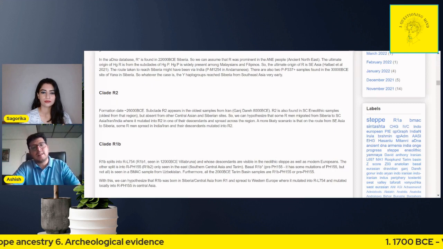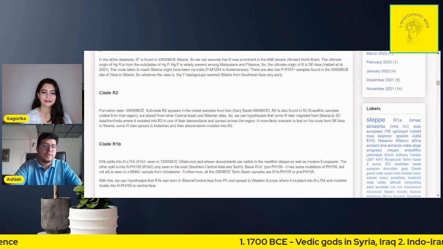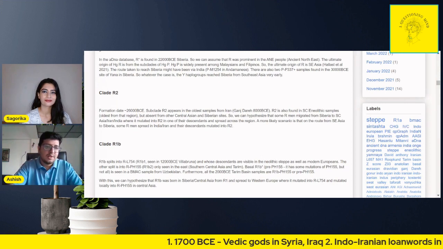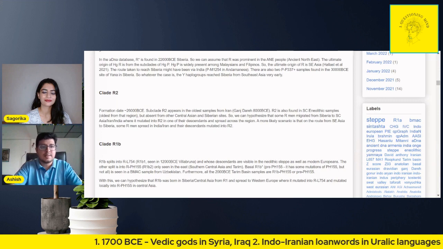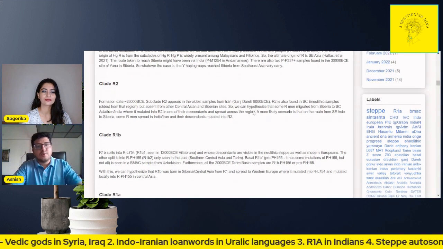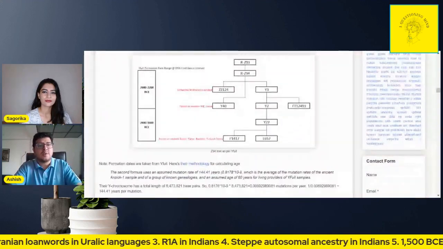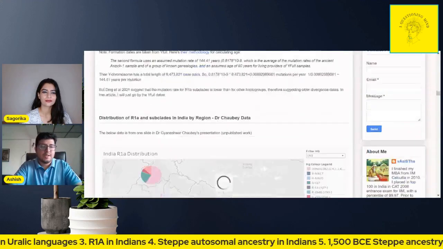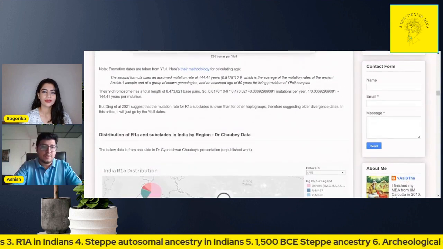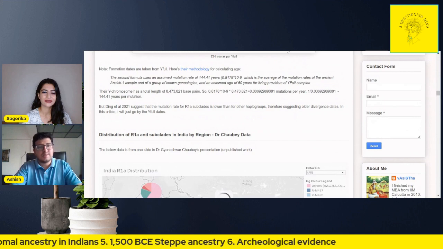And from one man, now we have 25 percent of Indians who are descendants of that L657 man. So essentially, what I'm trying to say is there probably was never any invasion of these R1A men. The ones that we have today are probably just descendants of one man.